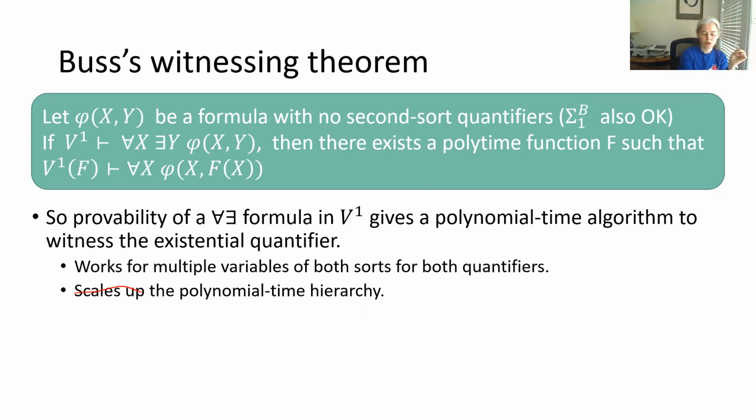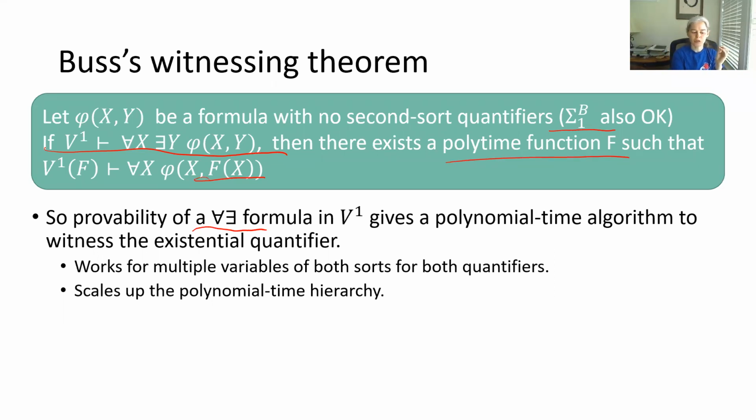So if you have a formula of the form for all x exists y, and then your formula, which can be, for example, with one quantifier over strings, then if you could prove this statement in a theory such as V1, then you get a polynomial time algorithm computing that witness.